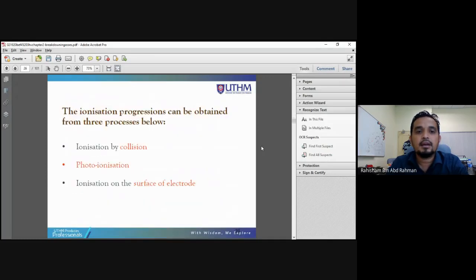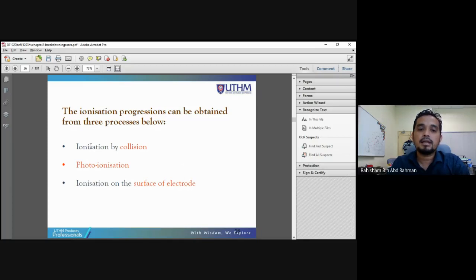Okay, and then we need to know these ionization progressions. First, how the ionization process initiates, and second, how this ionization progresses from time to time.